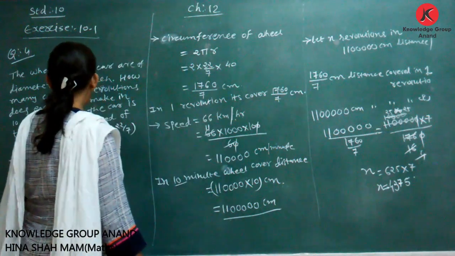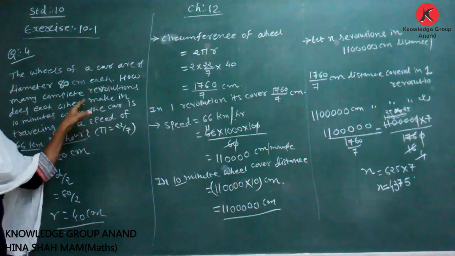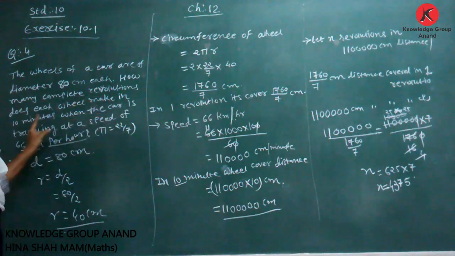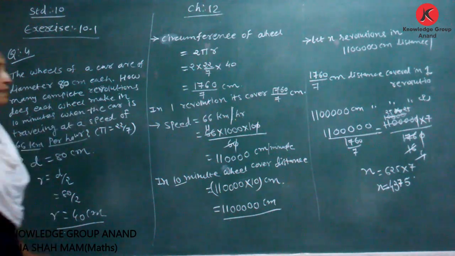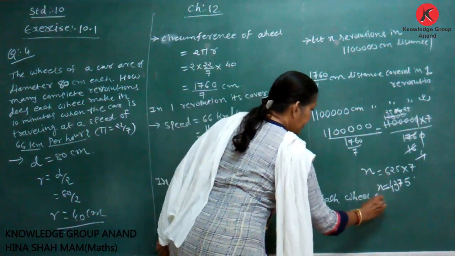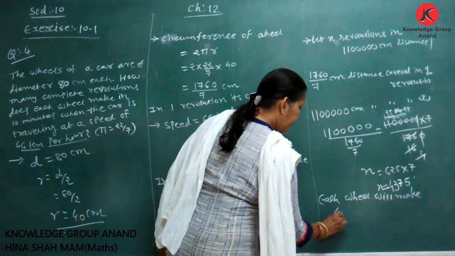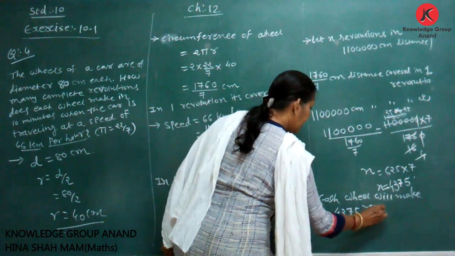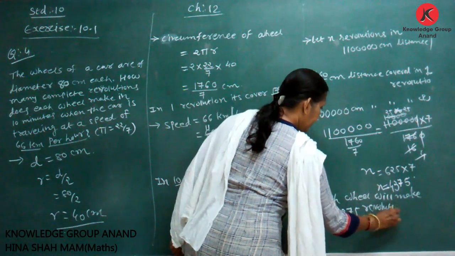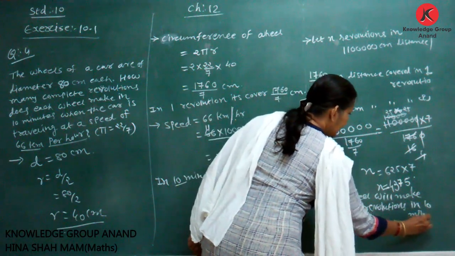Then we write the statement here. Each wheel will make 4375 revolutions in 10 minutes.